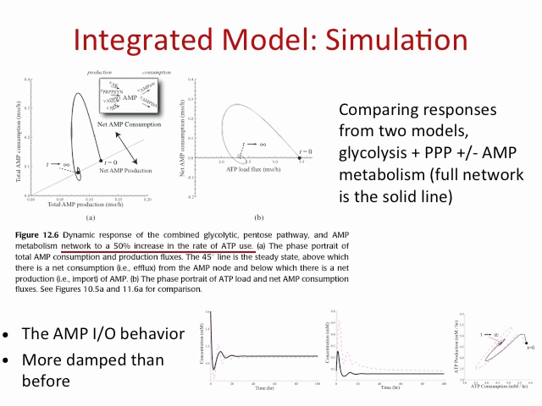You see the dynamic responses. The full model here is the solid line, and the dashed line is the simpler model of glycolysis and the pentose pathway. And you can see that the ability of AMP to be degraded or synthesized, otherwise bounce back and forth in and out of that module that generates or degrades AMP, dampens the response.